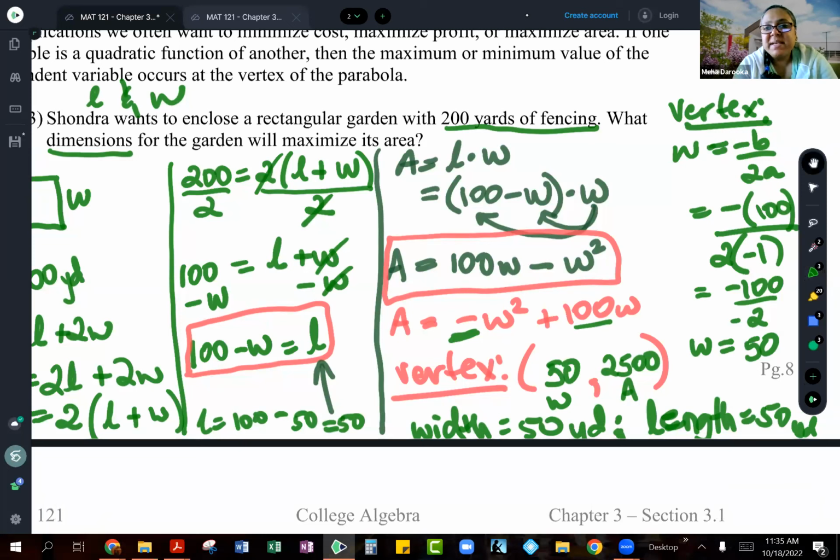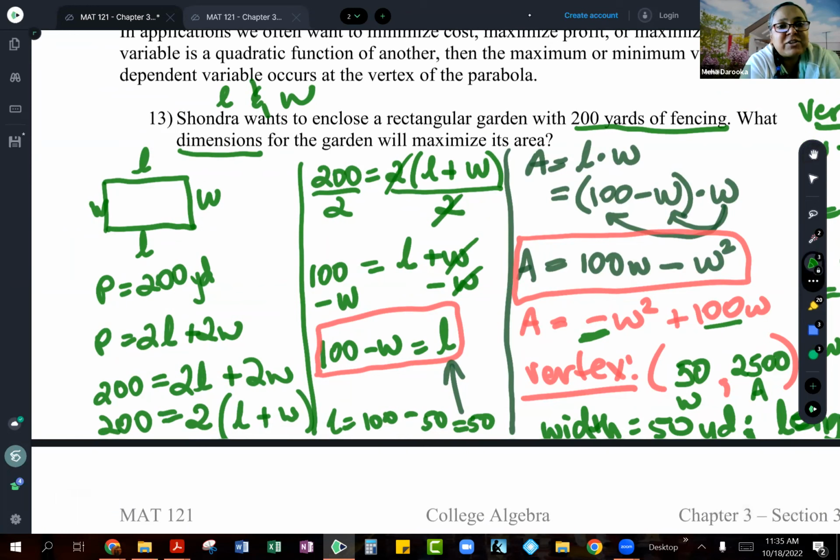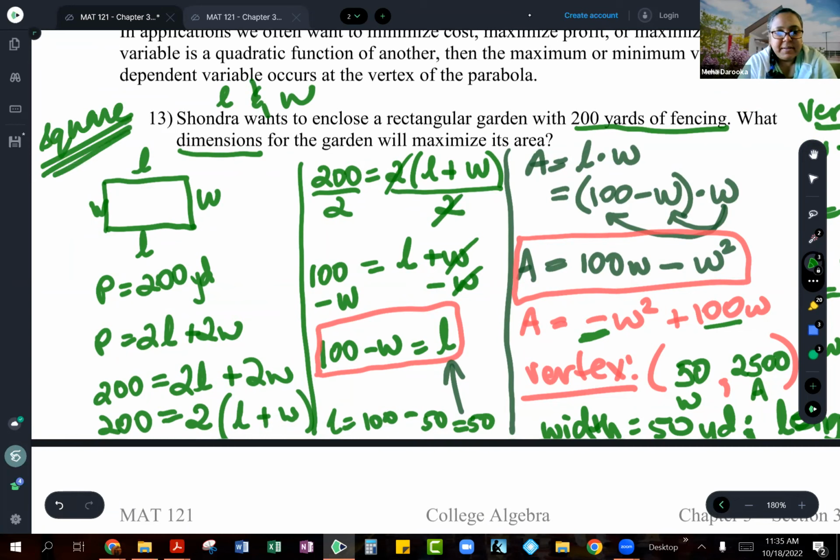So you will notice when you see examples like this in your homework also, most of the time to maximize the area from a closed box shape, instead of a rectangle, you are actually going to get better area if you're trying to get the maximum area by having a square instead of a rectangle.